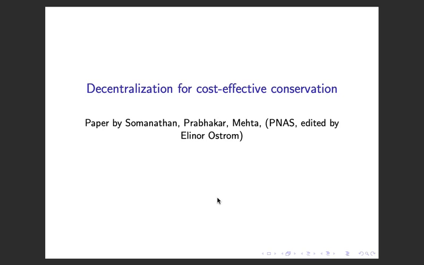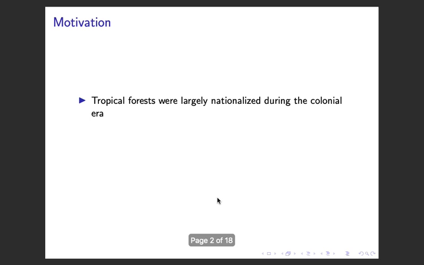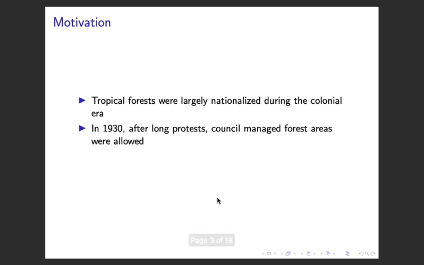This is a paper by Somanathan et al., which appeared in PNAS. Now, tropical forests were largely nationalized during the colonial rule. Then in 1930, in Uttarakhand, after long protests, council managed forest areas were allowed.